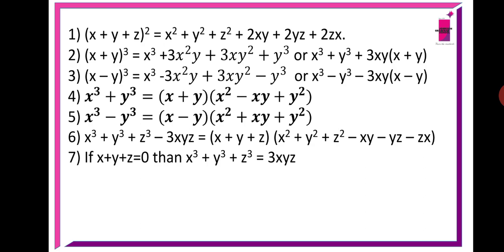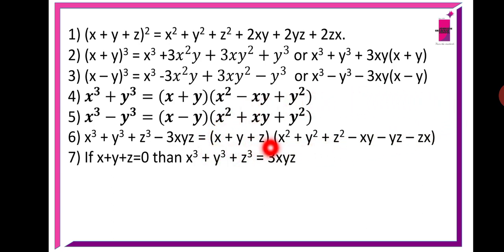Here in this identity, if you take any three values x, y, z, and if the sum x plus y plus z equals 0, then x cube plus y cube plus z cube will be equal to 3xyz, because you can see here when x plus y plus z equals 0, the total RHS becomes 0.